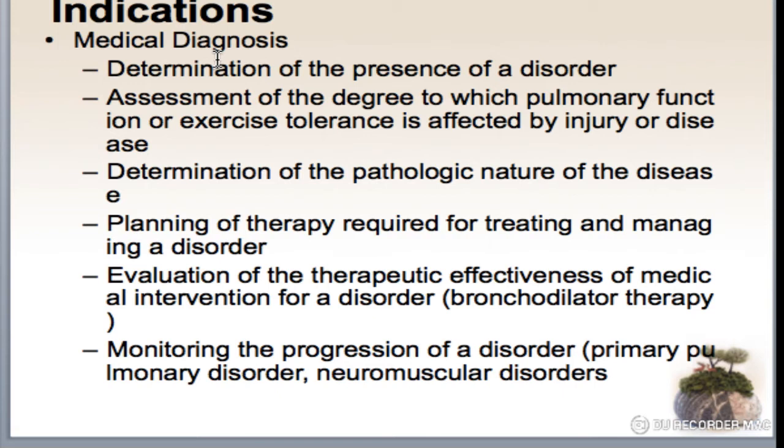After your pre-test, you will be inhaling the bronchodilator and then repeat the procedure, and then you will see the reversibility of the bronchodilator medication in your PFT results. Another indication is monitoring the progression of disorder such as primary pulmonary disorder or neuromuscular disorder.